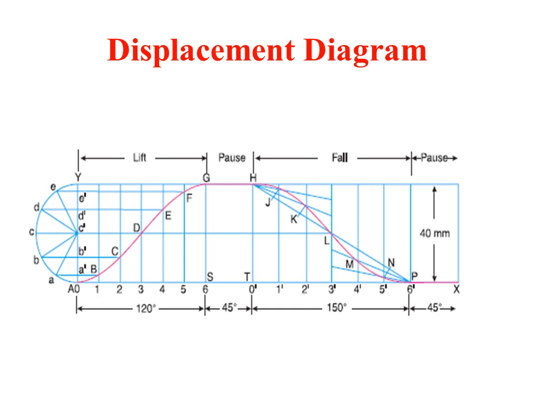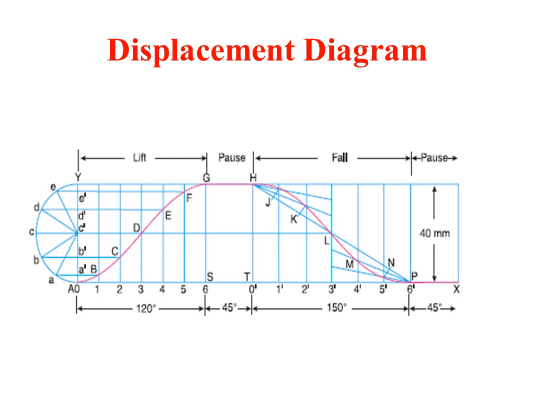Whatever values we enter for outstroke, dwell, return and dwell will be done according to a scale. Take some suitable scale and write these values of 120 degree, 45, 150 and 45 degree. So first mark the lift or outstroke as 120 degree, pause or dwell 45 degree, return stroke or fall 150 degree, and finally the dwell or pause as 45 degree.